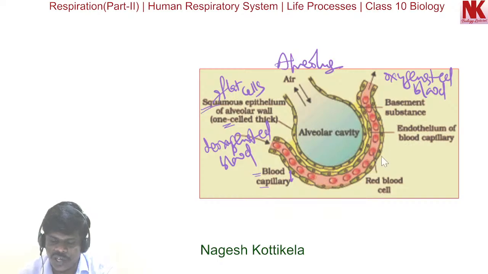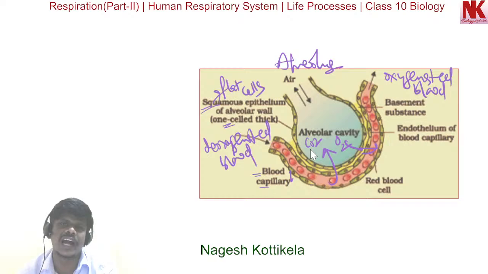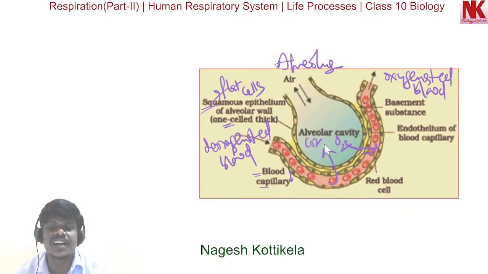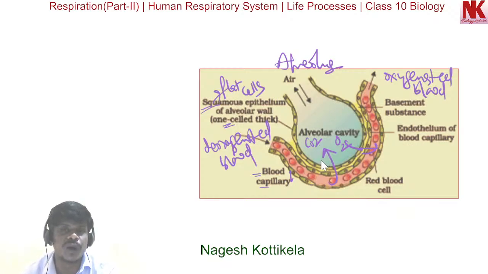This is how the gaseous exchange process occurs. Oxygen diffuses into the blood, and carbon dioxide diffuses into the alveolar sac. This is how gaseous exchange takes place in alveoli, the functional units of the lungs.